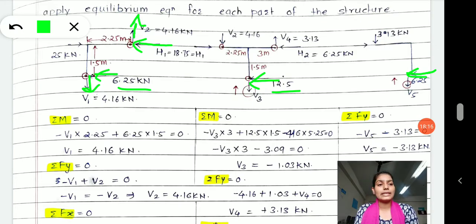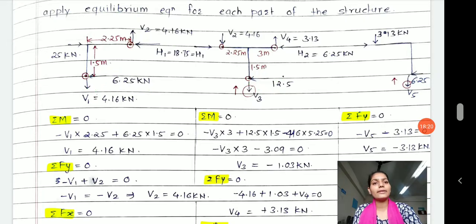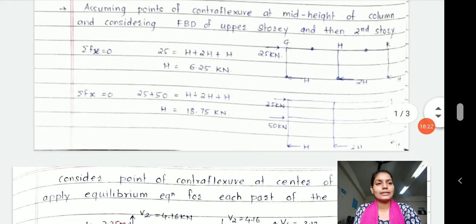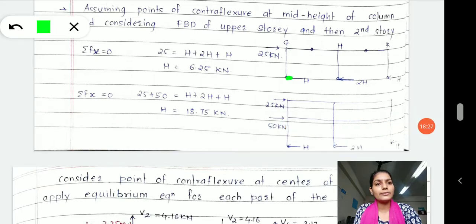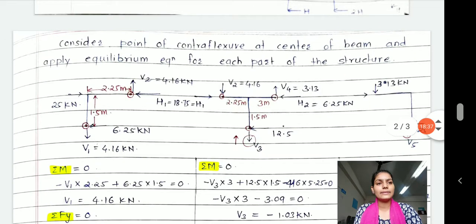These are the forces which we have already calculated. Where have I calculated that? In the earlier analysis. Here you can see at the point of inflection I have analyzed my horizontal forces. From there I have shown that in this figure.